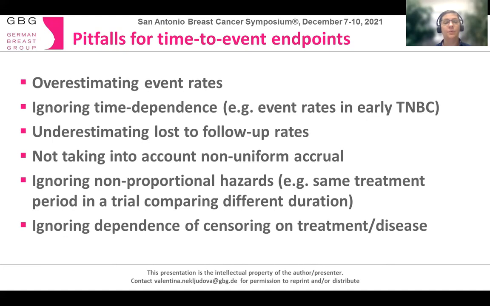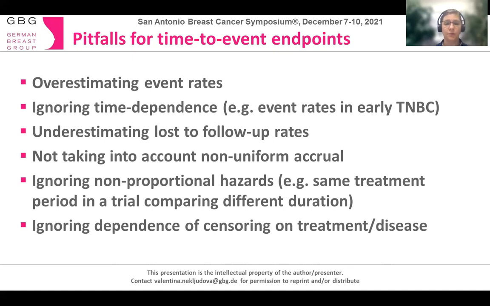Think about time dependence or non-proportional, non-uniform hazards. For example, it is known that early triple negative breast cancer patients have a peak in events in the second year and then it flattens out. Try not to underestimate your loss to follow-up rates.